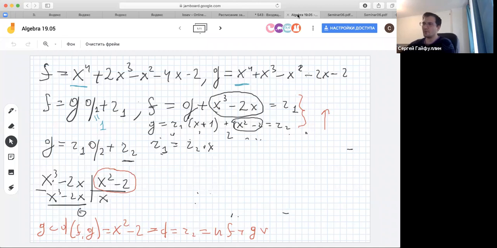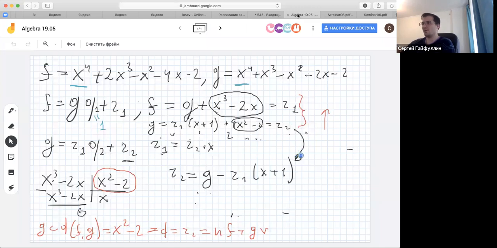So I need to say that R2 equals G minus R1 multiplied by X plus 1. This is from the second row.